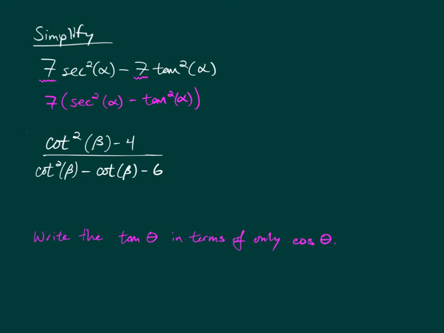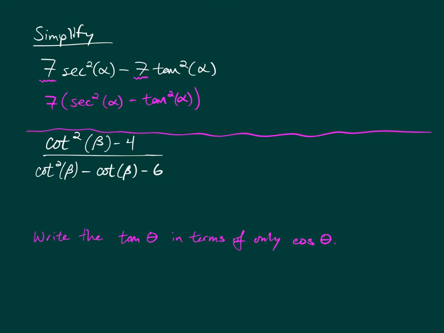And this should set off bells. Anytime you see two trigonometric functions being squared, such as secant and tangent, you can do one of two things. You can try factoring this by difference of squares, but chances are there's an easier way to simplify this.